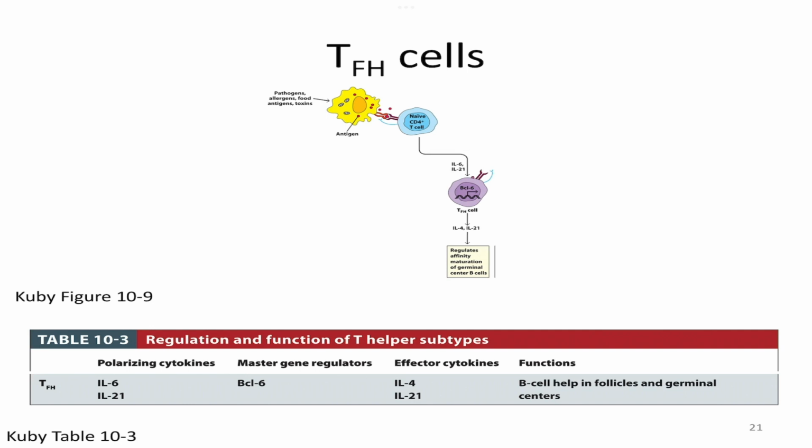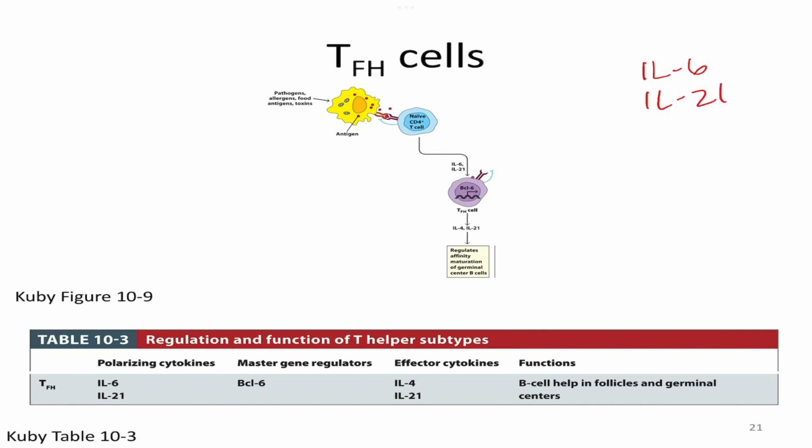However, it is named helpfully based on where exactly it acts to do its job. So our T follicular helper cell, again, is generated when our Th0 cell is polarized by particular polarizing cytokines. In this case, the polarizing cytokines are a combination of IL-6 and IL-21.